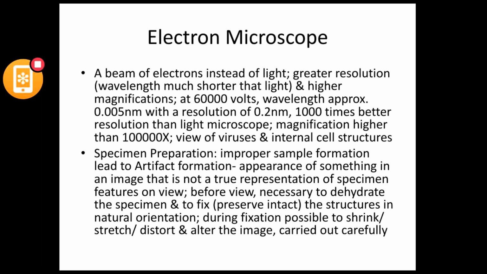Clear? Now we are passing on to the next stage of the electron microscope. Now you know what an electron microscope is and its properties. The next topic is specimen preparation, or sample preparation, for the electron microscope. As you remember from lab and theory, when we observe in a light microscope, we stain the slide.